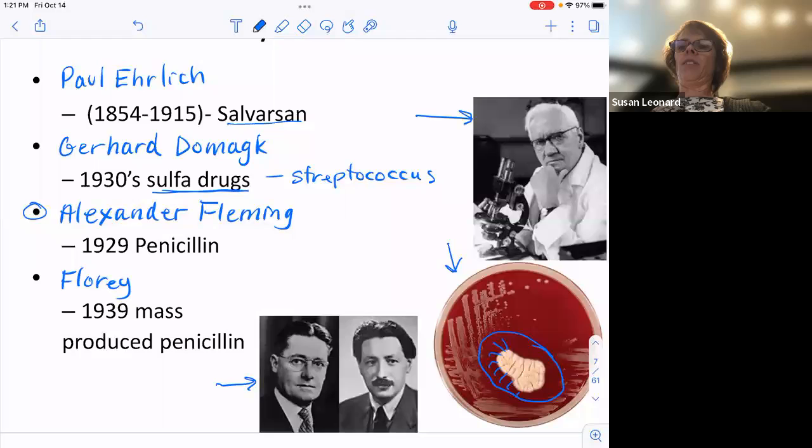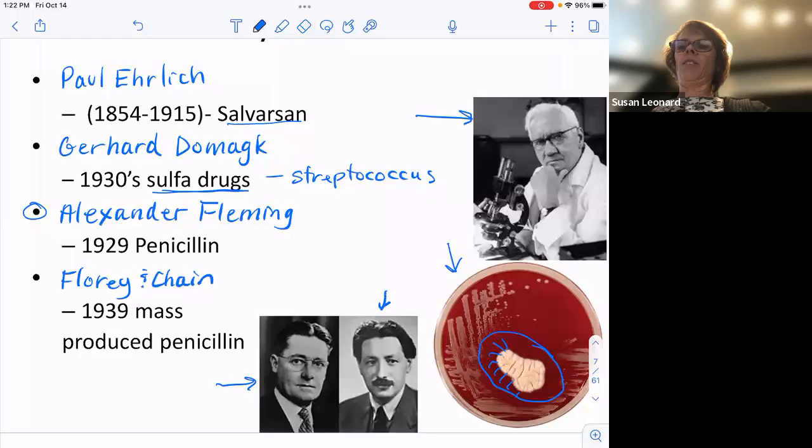So he assembled a team around him, including Ernst Chain. That's him right there. Chain was an organic chemist, and he found Fleming's paper and said, let's see if we can make this work. So they set about trying to figure out how to do this organic synthesis to extract enough penicillin.